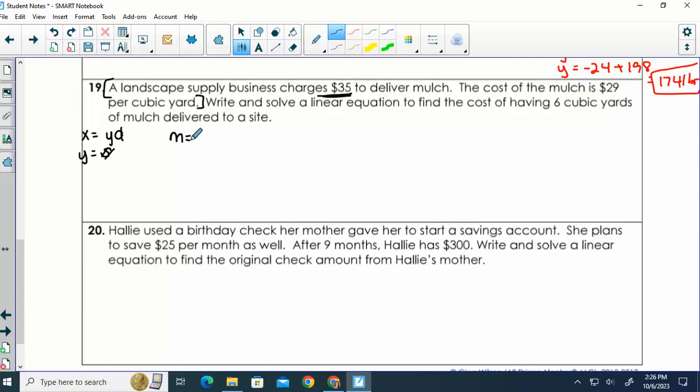We know the m is $29 per yard, and the b, the y-intercept, the one-time fee, is $35. They pay the $35 to get it there, and then after it's there, they have to pay for every yard after that. All right, so our equation would be what?